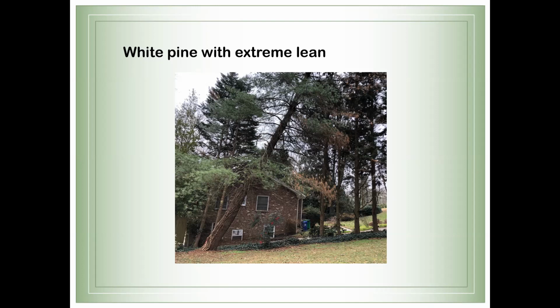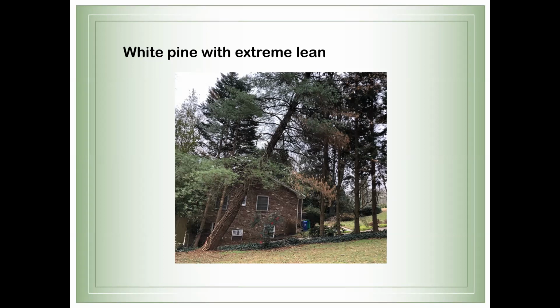Now we're going to do a little bit of detective work. So first off, before we do the detective work, in the world of tree risk assessment, we always talk about target. What is the tree going to hit if this leaning tree falls over? And when it comes to a leaning tree, it's pretty easy to figure out what the tree is going to hit.